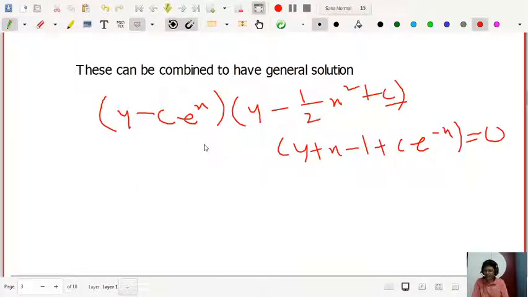The complete primitive, as evident from the final result, is a cubic polynomial equation in c. If you multiply, it's a cubic polynomial equation in c. c has a power 3. So that is verified from this observation.